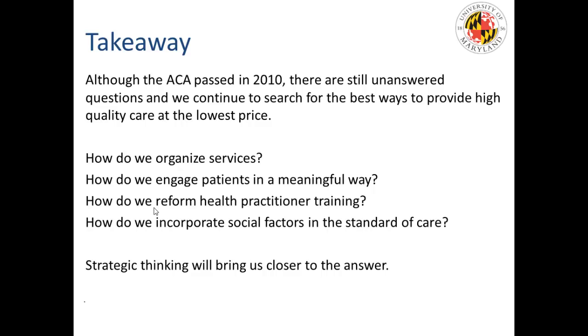How do we incorporate technology in engaging patients in a meaningful way? How do we incorporate the social factors in the standard of care? That's what, my friends, strategic thinking is all about. And when we have strategic thinking, we will get closer and closer to the answers to these very, very challenging questions.